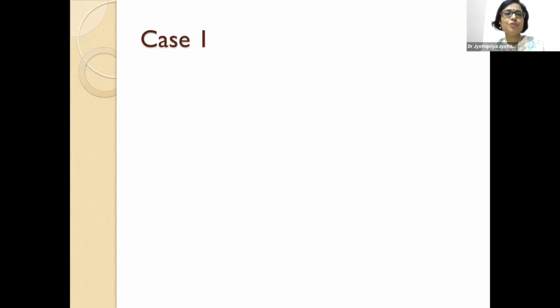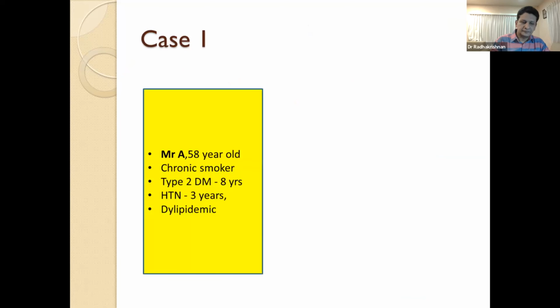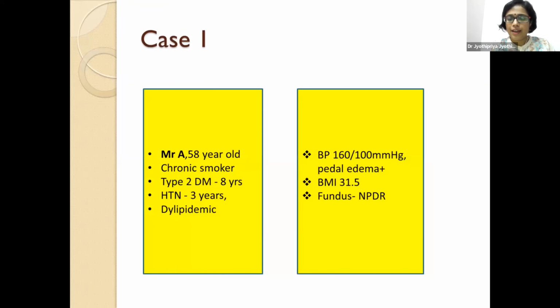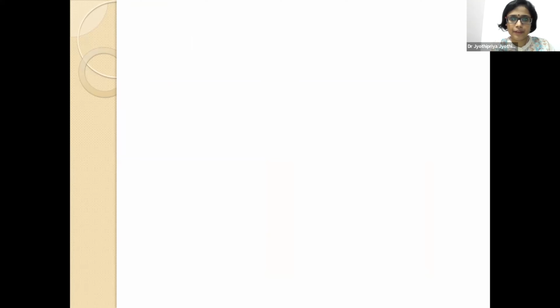Moving on to the first case, we have Mr. A, a 58-year-old gentleman, a chronic smoker, a diabetic of 8 years duration, hypertensive of 3 years duration, and dyslipidemic. He presented with a blood pressure of 160/100 with pedal edema, BMI of 31.5, and fundus showing diabetic retinopathy changes.